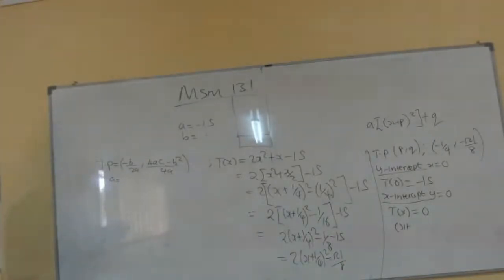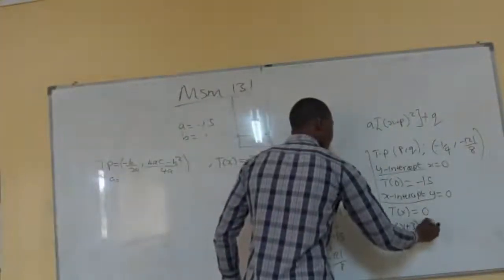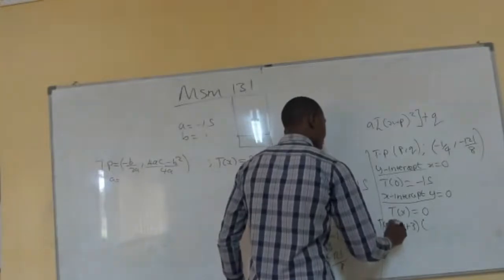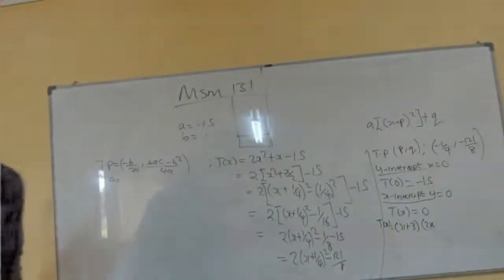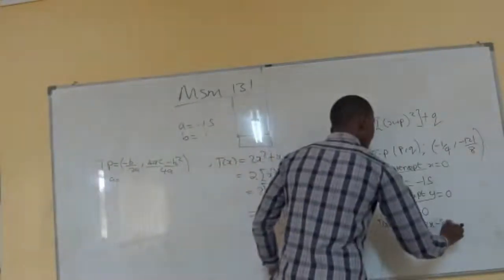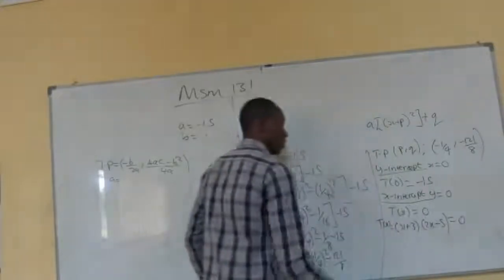So t(x) is equal to (x plus 3)(2x minus 5). From this, we are going to say this is equal to 0.